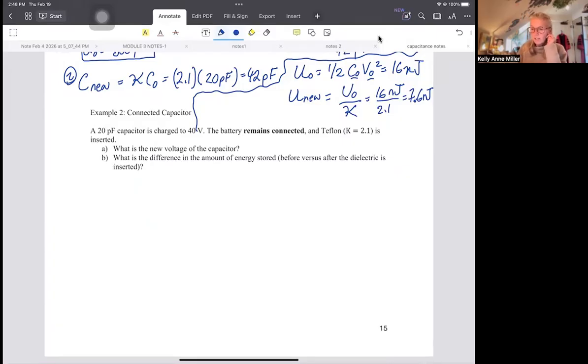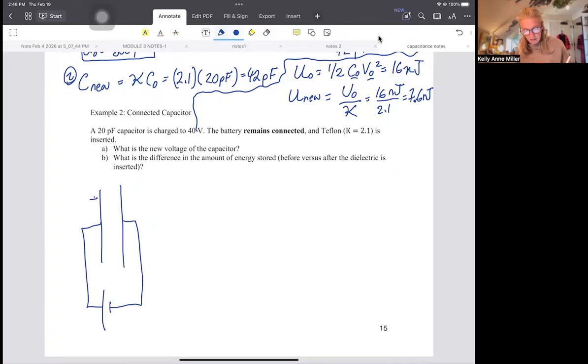We want to know what is the new voltage of the capacitor. The new voltage of the capacitor is the same as the old voltage, right? This is a situation where I've got the capacitor connected to a battery, and the capacitor charges up. The battery is 40 volts.